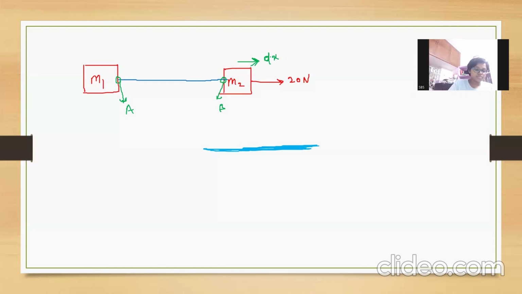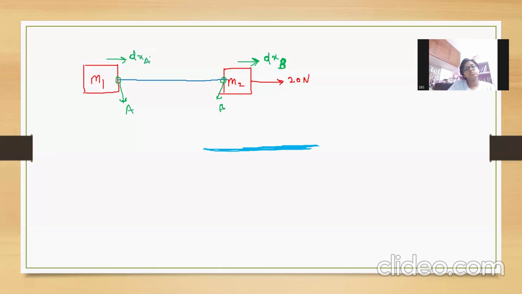Dx displacement in the right direction of the M2 block, or you can say dxb. Here at B I have taken dxb. Similarly, this point A takes a displacement of dxa.